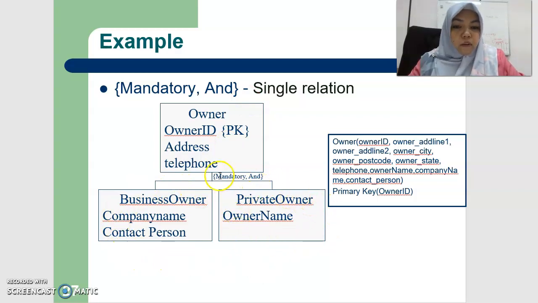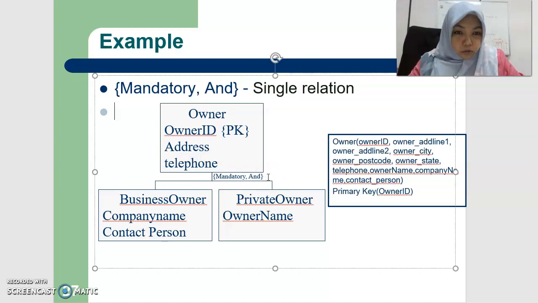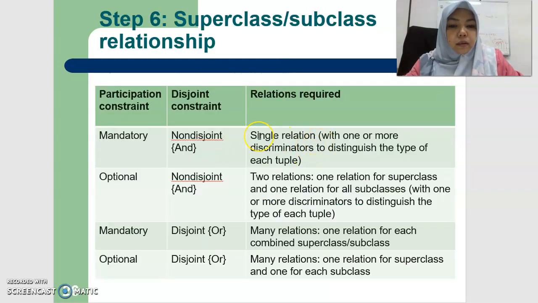So here we have mandatory and as the constraint. Okay, so for mandatory and, what you have to do is to combine the relation into a single relation, with one or more discriminators to distinguish the type of each tuple.